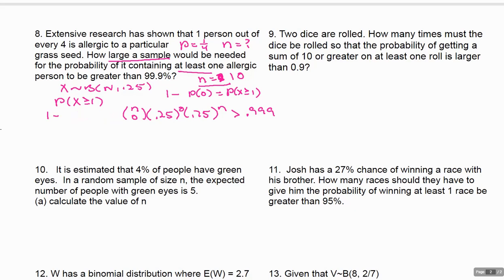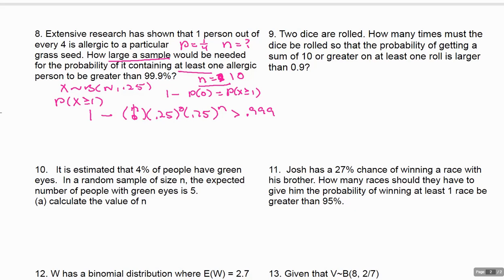All right. So basically, at the end of the day, 1 minus this, because this is the probability of 0. So if I do 1 minus that, I want it to be greater than 0.99. Okay? Now what's any number choose 0? Is it 1? 5 choose 0, 10 choose 0 is always going to be 1.